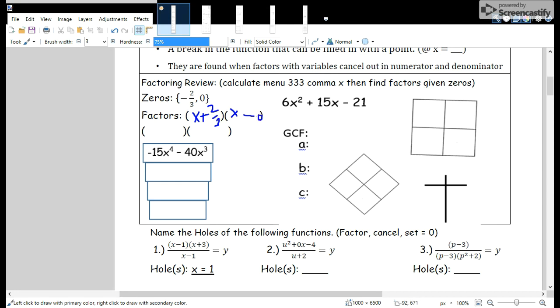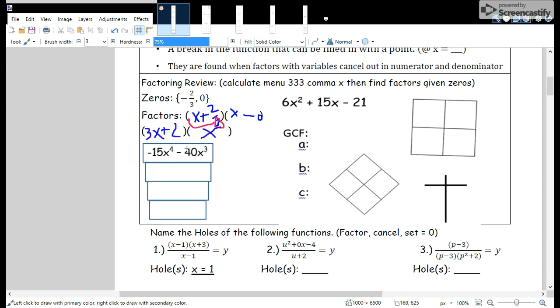So we take the denominator of that, 3, and we slide it to the front. So our factored form, given these zeros, would be 3x plus 2 and x. You don't have to write the 0.